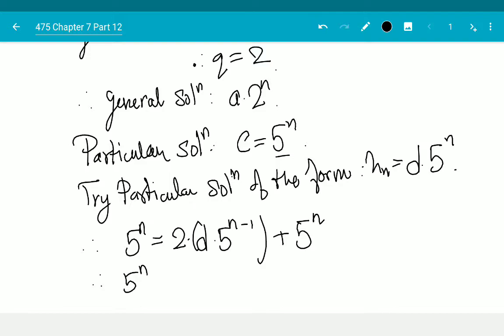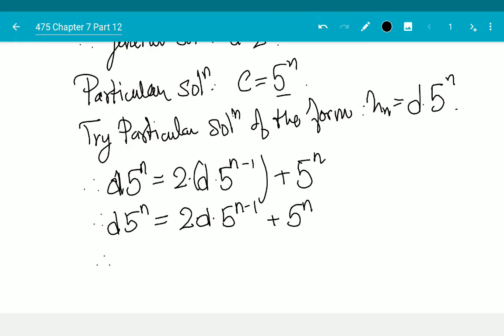Therefore, d minus 1 times 5 to the n is equal to 2d times 5 to the n minus 1.